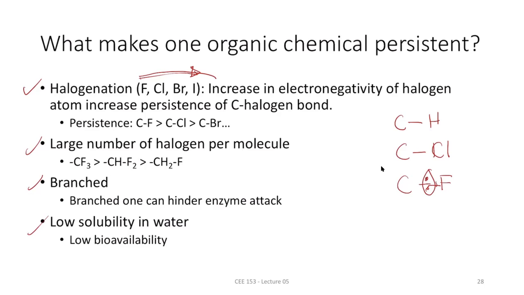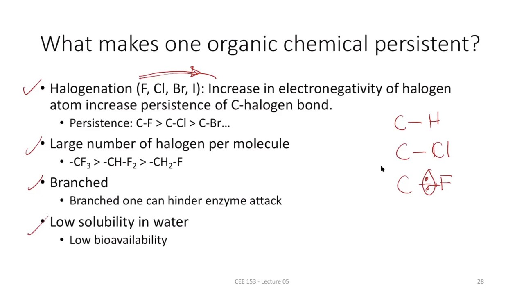Next best is chlorine. That's why anytime you have chlorine or fluorine, they are persistent, and that's the reason all these chlorinated solvents are a problem for the environment. As you go bigger, to bromine, it becomes less and less.